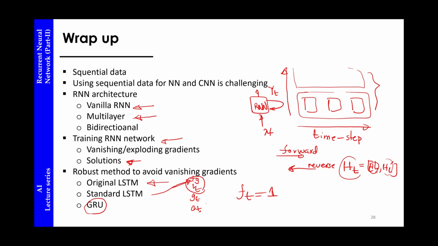It's a bit different configuration, the same concept more or less. And this method is also useful to avoid vanishing and exploding gradients. Here is the end of the recurrent neural network course.